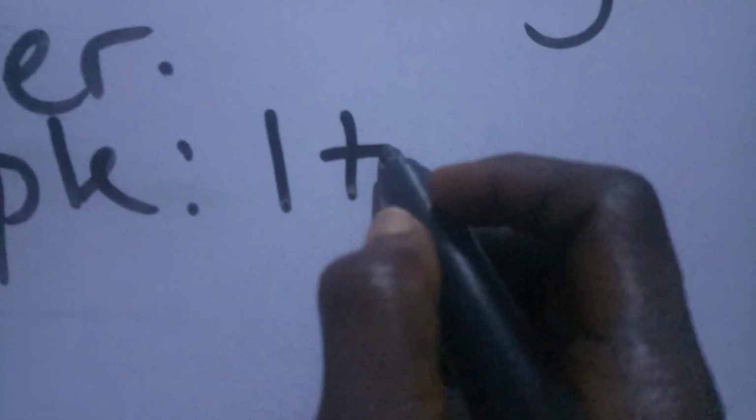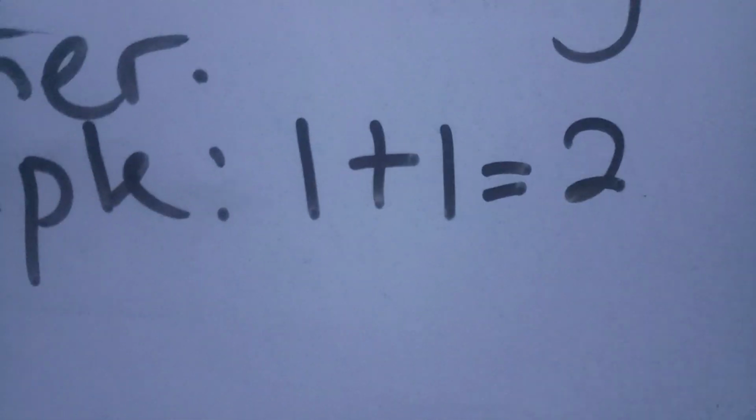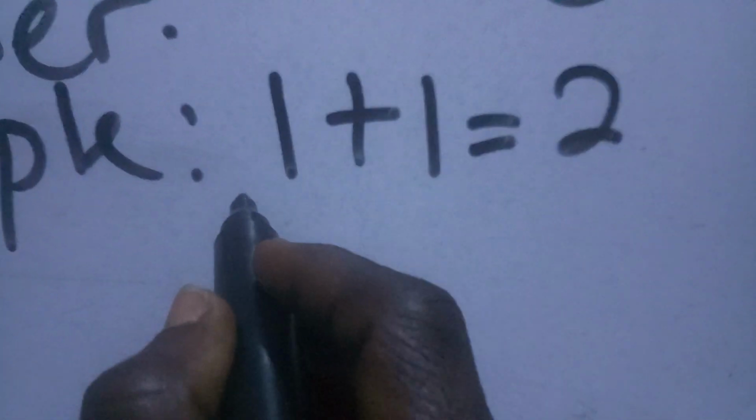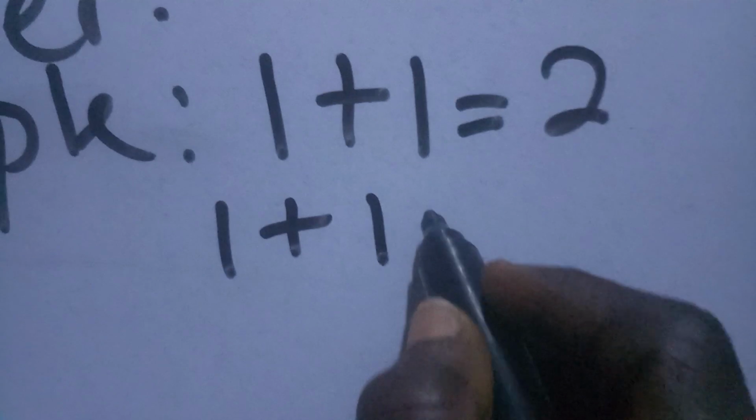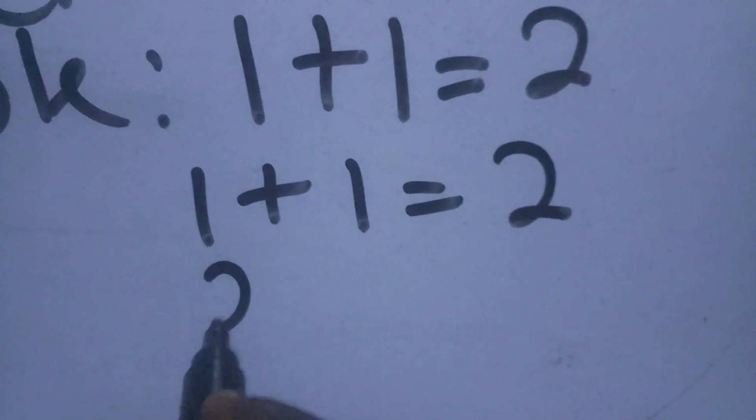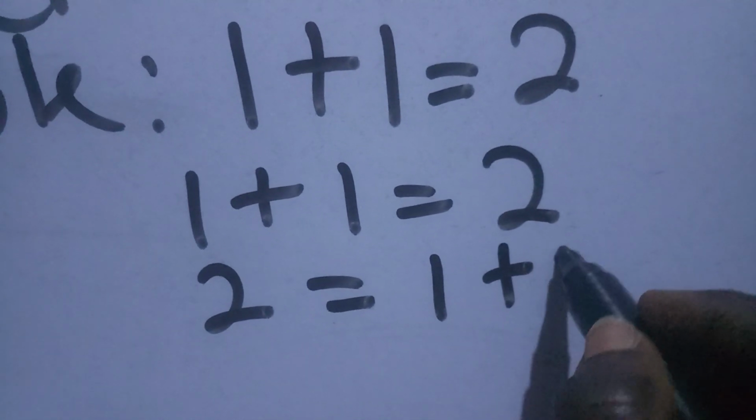Let's look at a short example. If you have 1 plus 1 is equal to 2, we can definitely equate this 1 plus 1 to be 2, and 2 to be 1 plus 1.